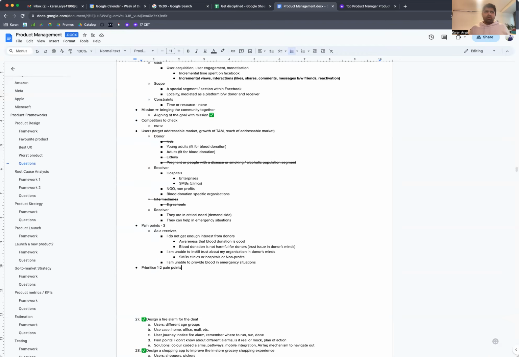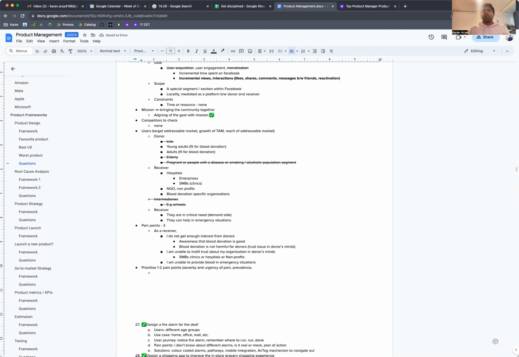Now let's probably try to prioritize these pain points. I can use certain parameters to prioritize them. The first one would be severity or criticality, severity and urgency of the pain point. Second could be prevalence, like how prevalent is this pain point?